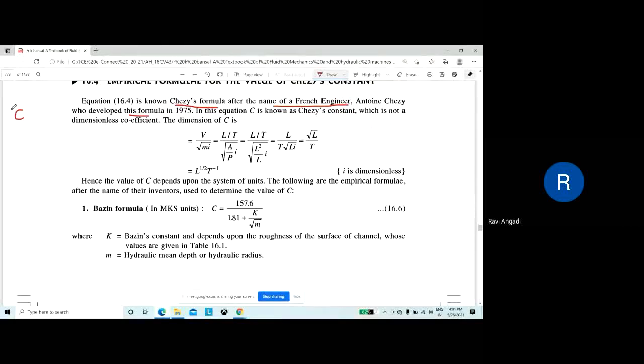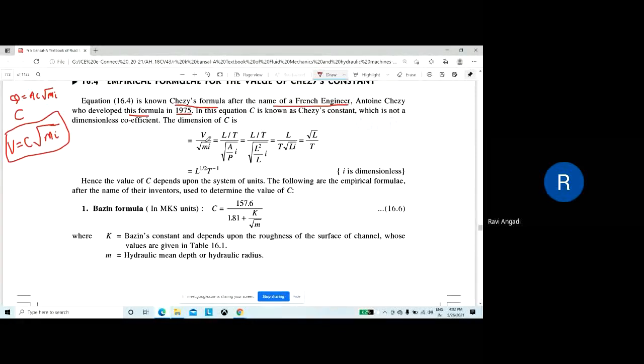That is Q equal to A C root of m i. So Chezy's formula is V equal to C root of m i. Correct? This was the equation of Chezy, which is used to calculate the velocity of flow in a channel. This equation is known as Chezy's formula, named after the French engineer Antoine Chezy, and he developed this formula in 1775.